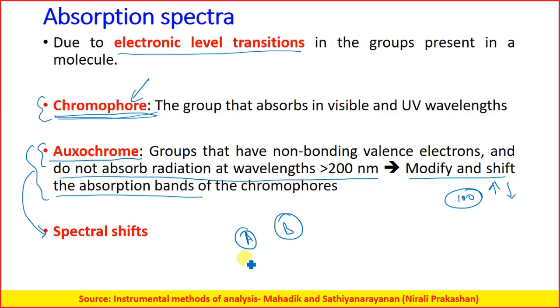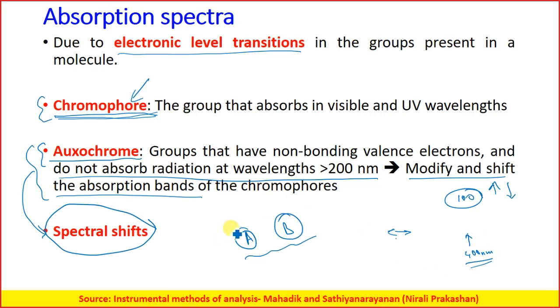If it is not a chromophore and it results in the spectral shift, then it is an auxochrome. So the spectra of A and B will be similar, but there will be a spectral shift either to a higher wavelength or to a lower wavelength, and it may vary depending upon the quantum of the auxochrome you have included. Suppose you have an absorption peak at 400 nanometers.